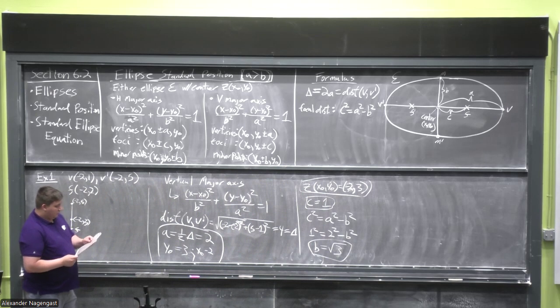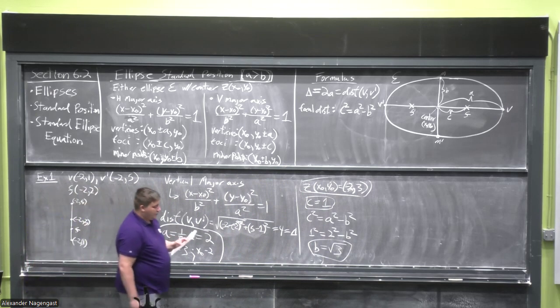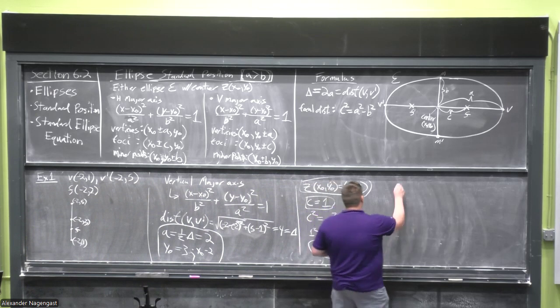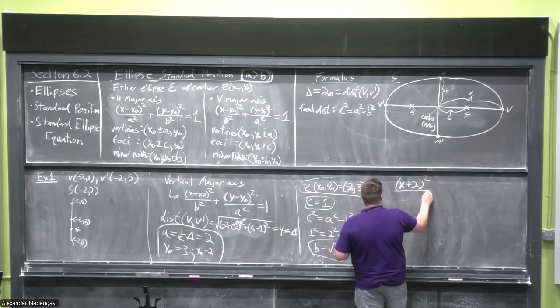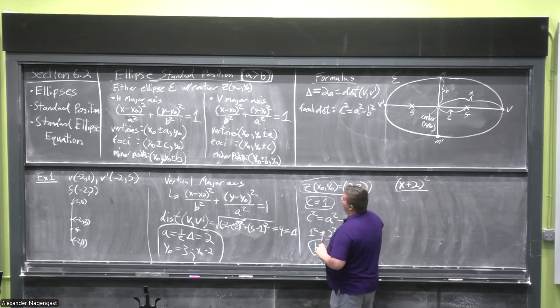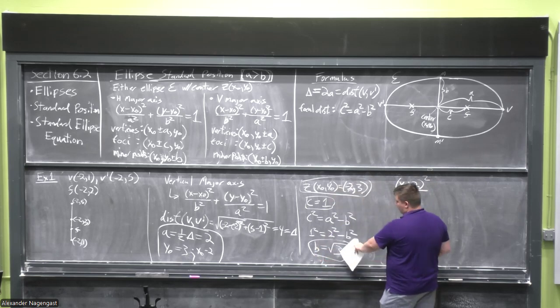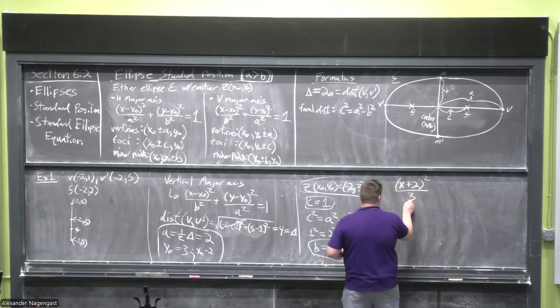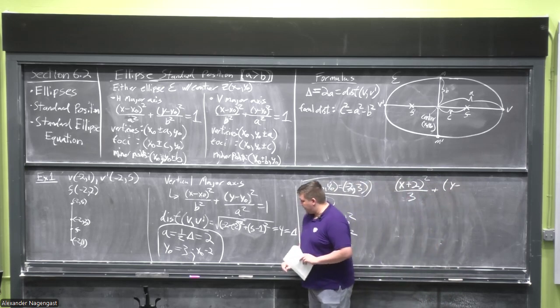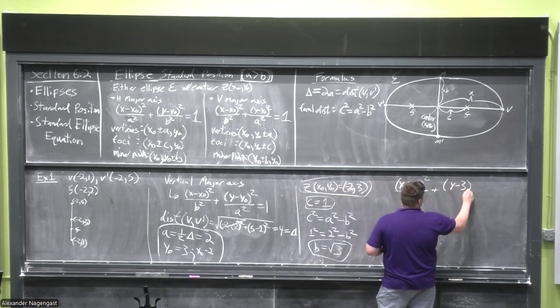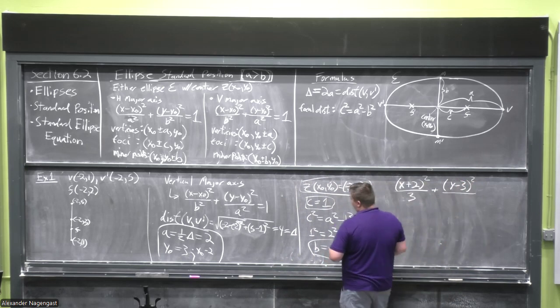So we can now describe our equation. We have x minus x0, which is -2, so we're going to do (x plus 2) quantity squared, divided by b squared, which is square root 3 squared, which is 3, plus y minus y0, which is 3, squared, divided by a squared.